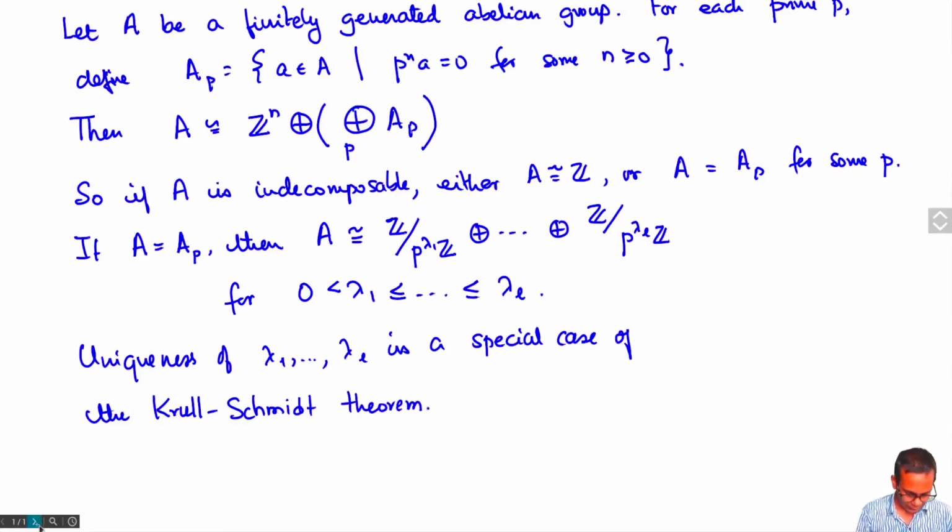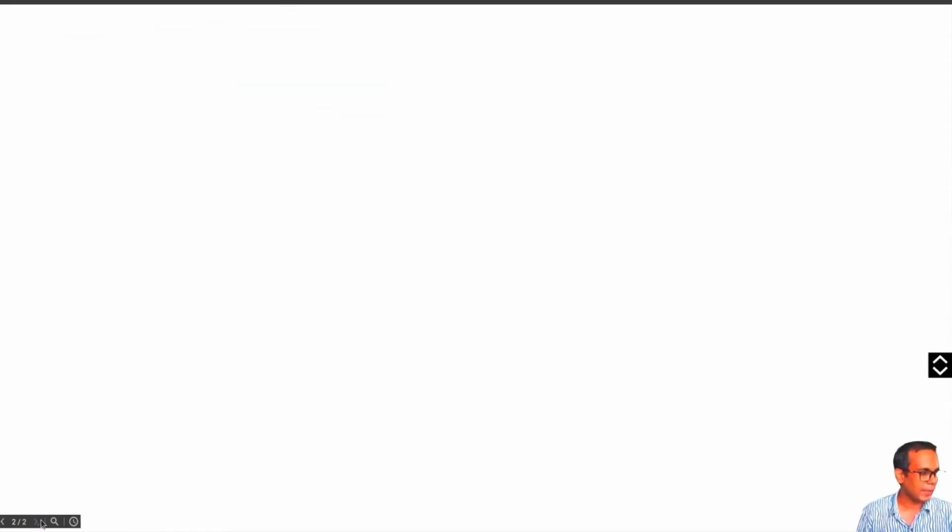Let us look at another example that we have encountered in Algebra-I, which is finite dimensional modules over a polynomial ring K[t].